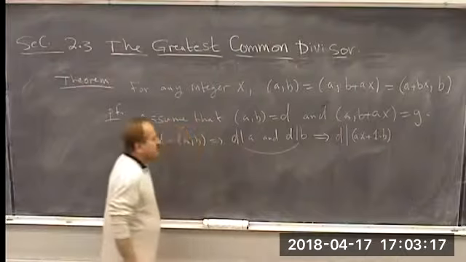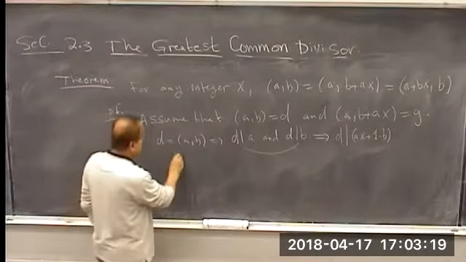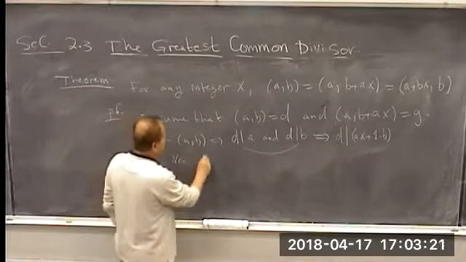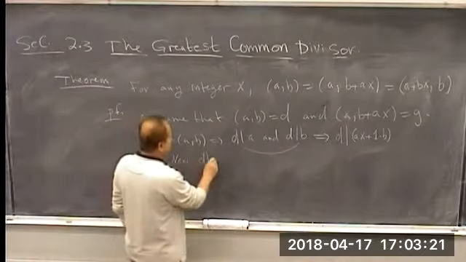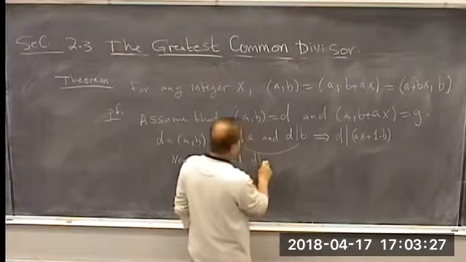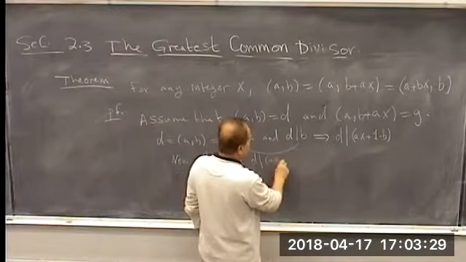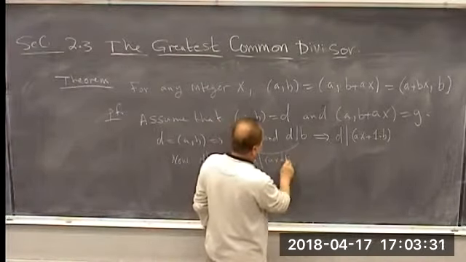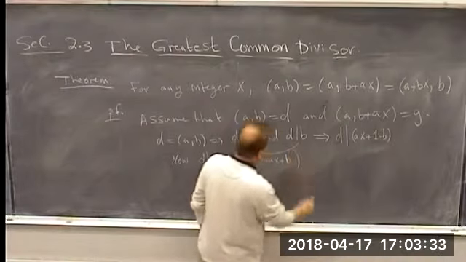All right, now we have D divides A and D divides AX plus 1 B, sorry.